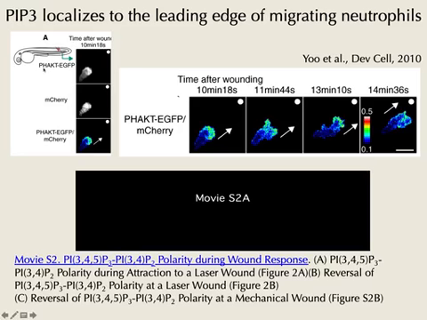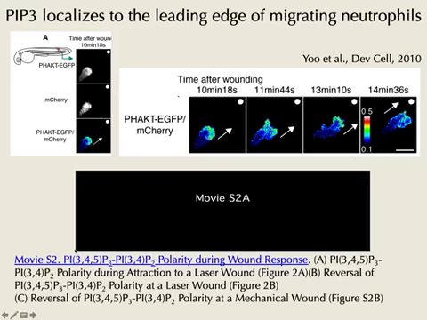And here you have the PH domain, the same PH domain from the protein AKT, fused to GFP. So that's going to bind to PIP3, the phospholipid. If you calculate the ratio of the two, you get this signal, and that tells you very nicely where the PIP3 is. But now you can watch it live.